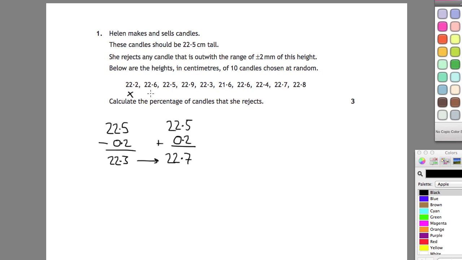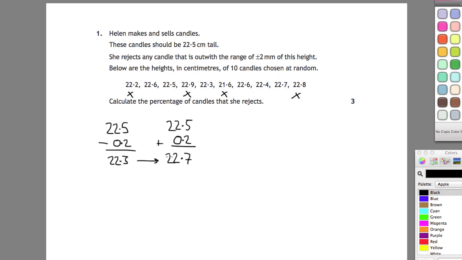Okay, 22.6 is fine, 22.5 is fine, 22.9 is too large, 22.3, that's spot on, 21.6, that's too small, 22.6 is spot on, 22.4 spot on, 22.7 spot on, and 22.8 is actually too big.